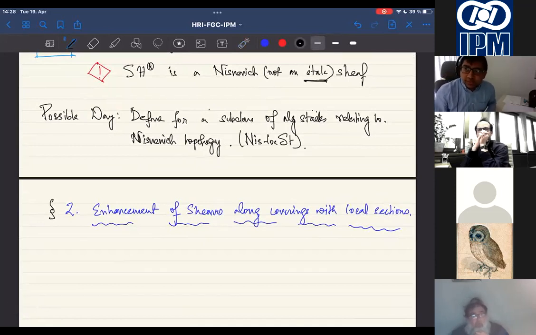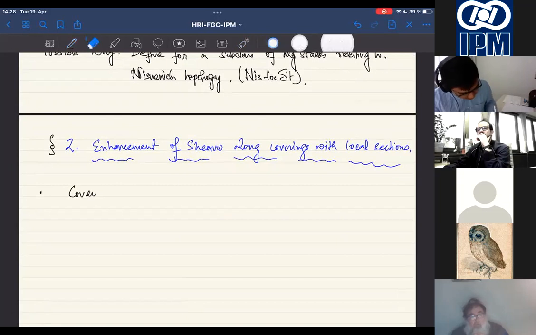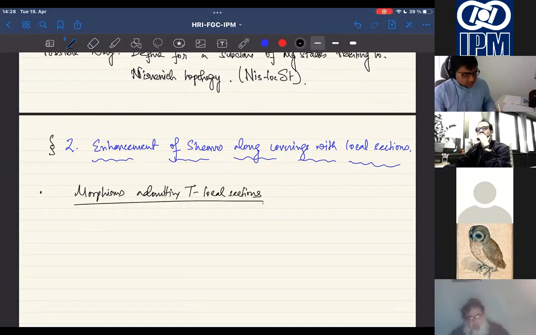Now the next section will give a brief idea of what this Nis-loc ST is. So the first thing that I want to talk about is morphisms admitting T-local sections.